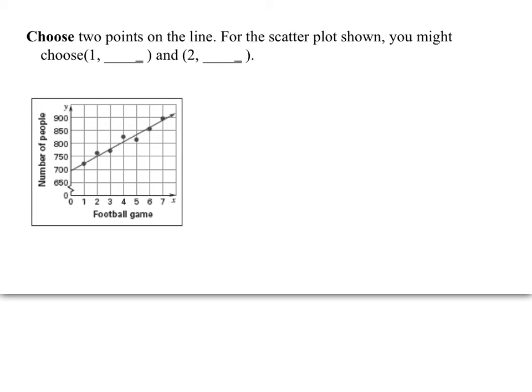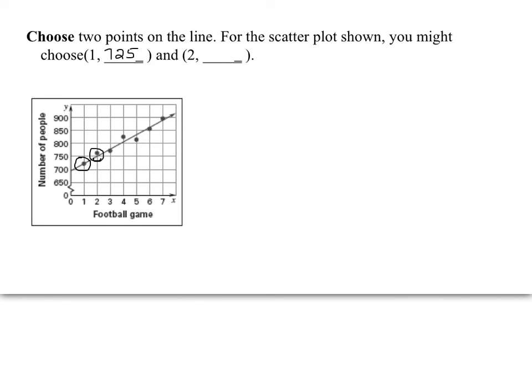Alright, so we're going to choose 2 points. We can choose any 2 points that lie on the line. So we want to first start with the one at 1. We're going to approximate what this point is on the line. That looks like it's the point (1, 725). And then where x is 2, we can't pick the point this time because the point is above the line.